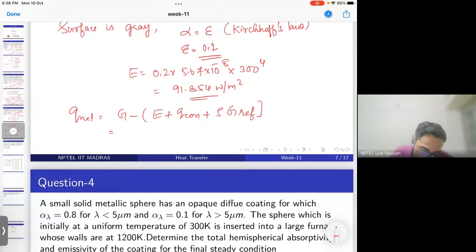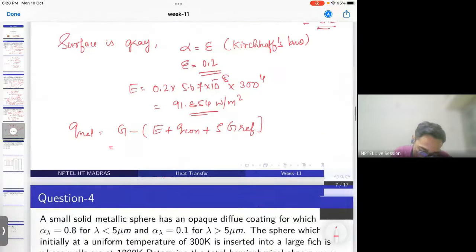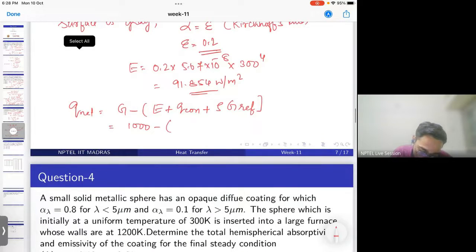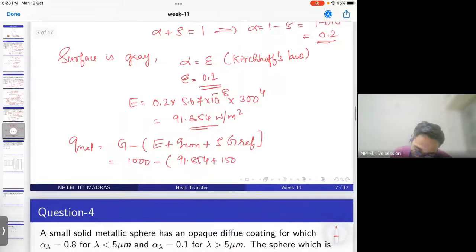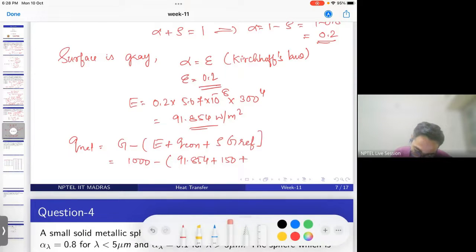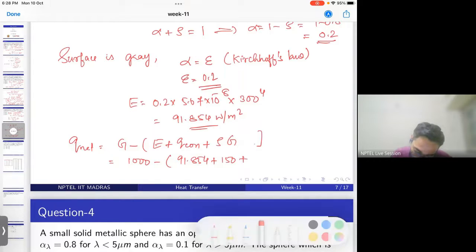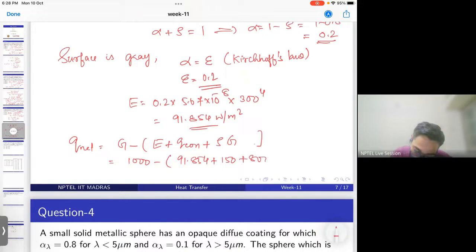So if we calculate this, G is given, that is 1000 minus 91.854 plus 150 plus this G reflection, which is already given, that is 800.